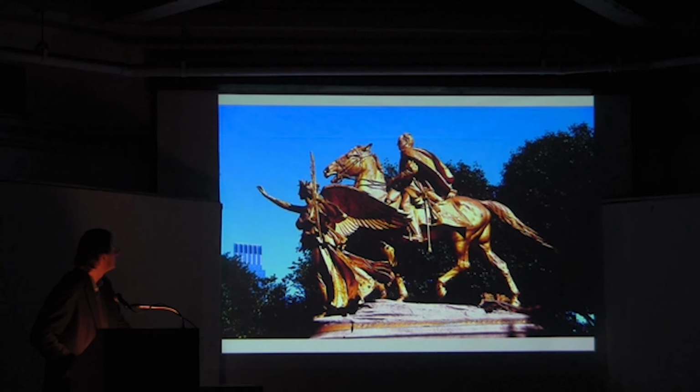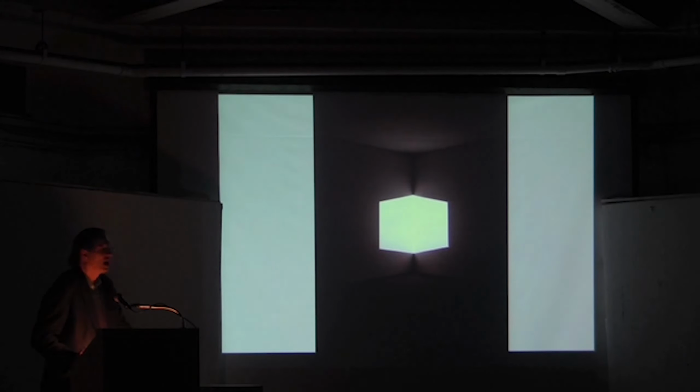Next. Let's go back to that one. There were a couple of things I also wanted to say about light, and that is that large sculptures outside are lit obviously with sunlight.